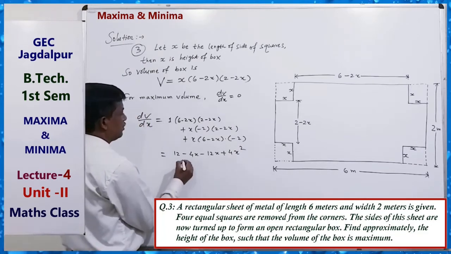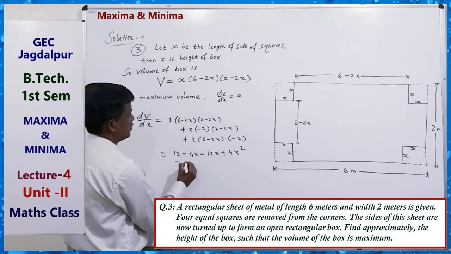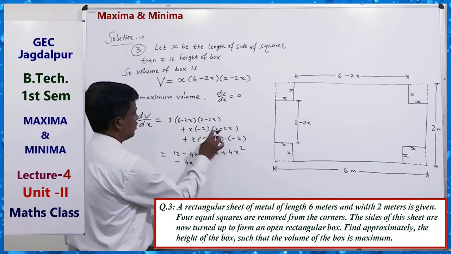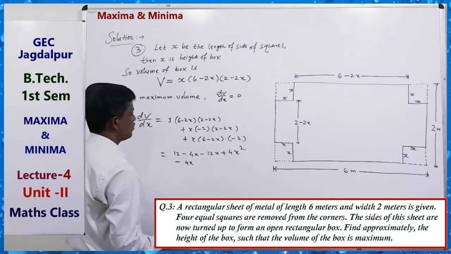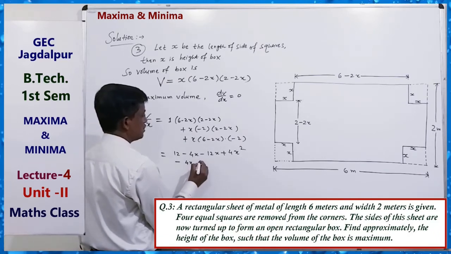Now here, minus 2x into (6 minus 2x), so minus 12x and plus 4x square.